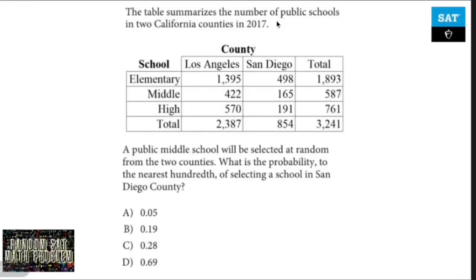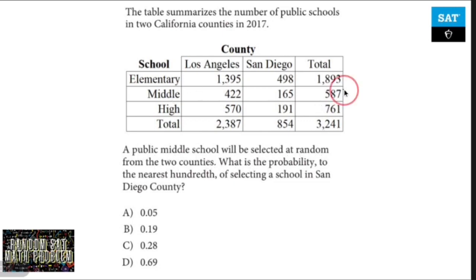The table summarizes the number of public schools in 2 California counties in 2017. So you got LA, you got San Diego, and all that information right there. A public middle school will be selected at random from the 2 counties.